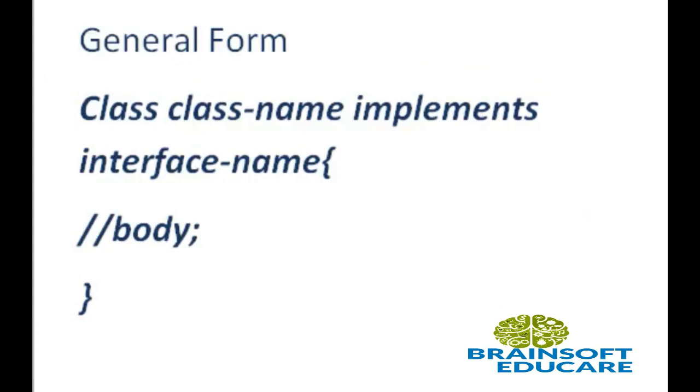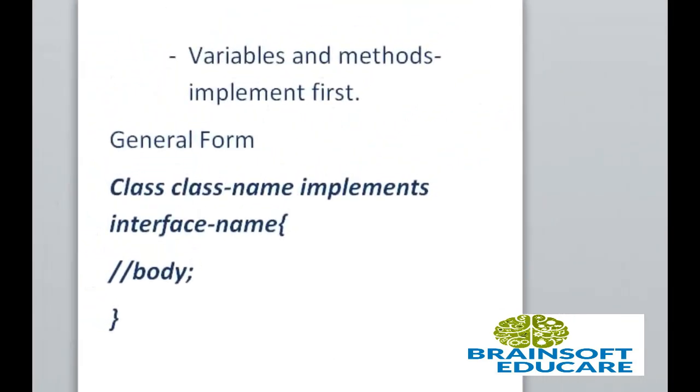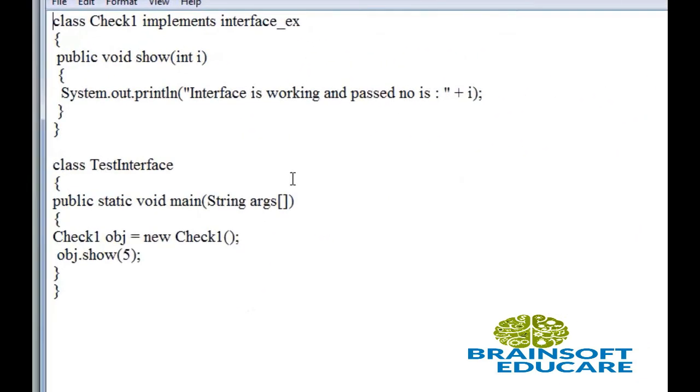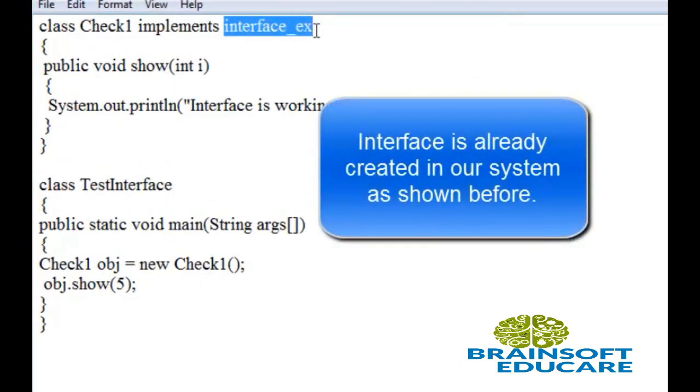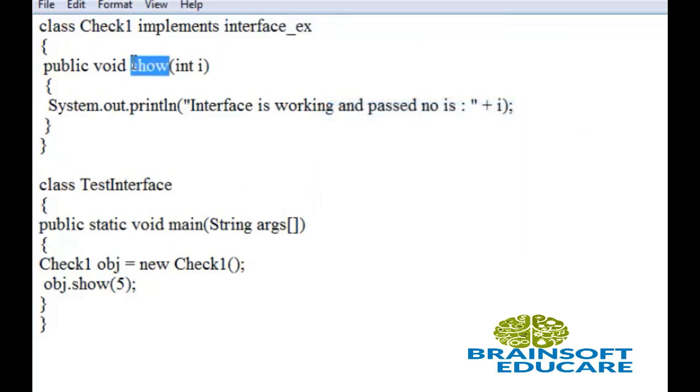Now let's take a look at the example. This is the example of an interface. Here the class name is check1, which implements our previously created interface_ex. This is the method of the interface.